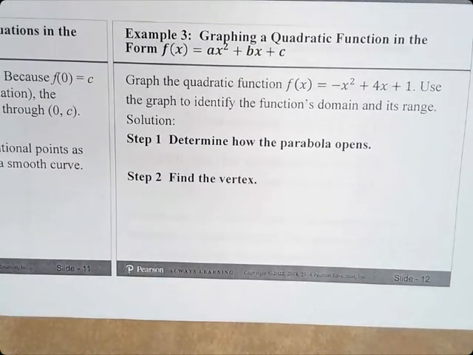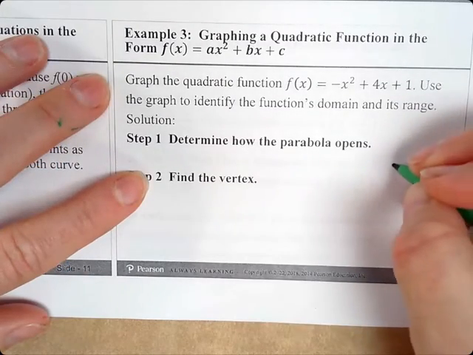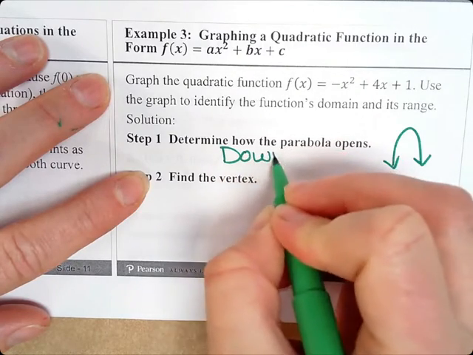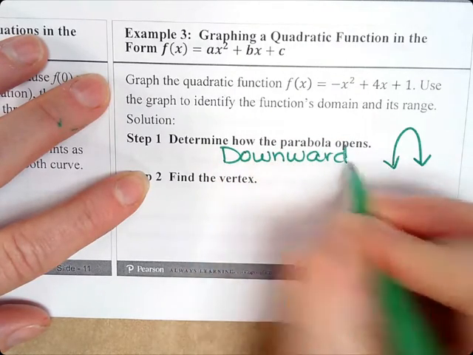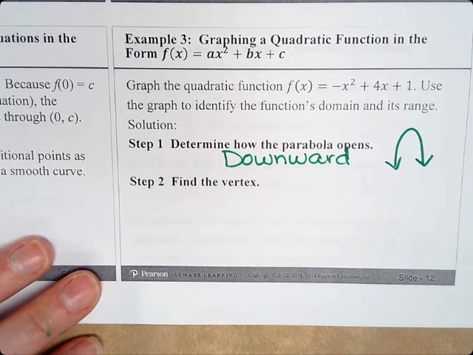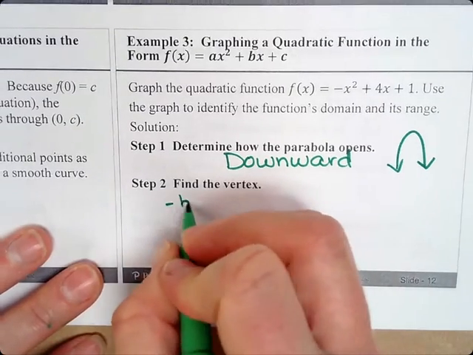So let's look at this example. So it says negative x squared plus 4x plus 1. So how's it going to open? Downward. And then to find the vertex, we're going to use that negative b over 2a.